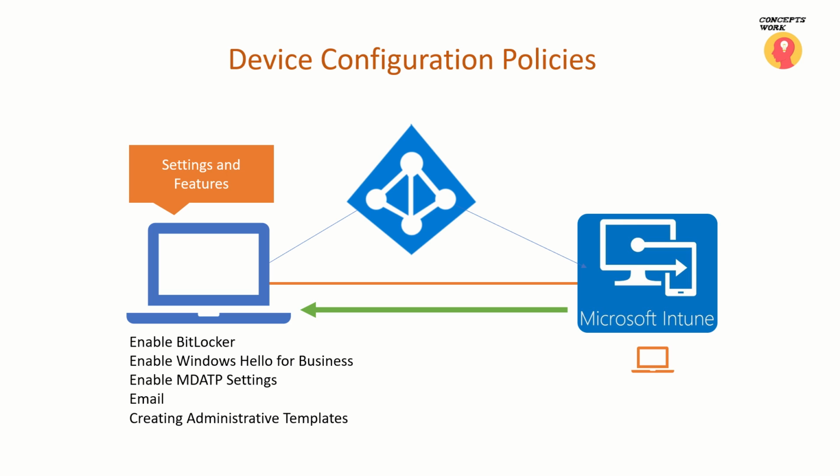You can have Windows Hello for Business deployed with custom CSP policies. You can have MDATP settings deployed. You can have email profile configured. And the one which we are going to talk about is the GPO settings itself. That means you can have admin templates in place that will get deployed on a specific device and which will help you get a specific setting or feature deployed on a device altogether.